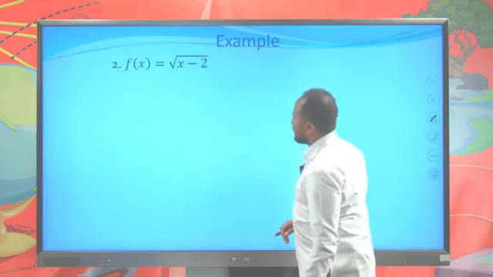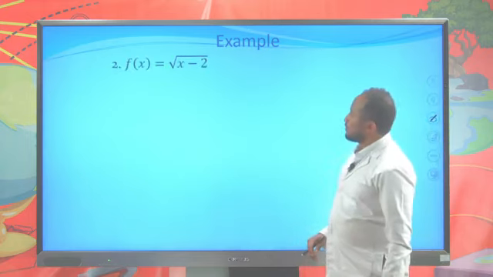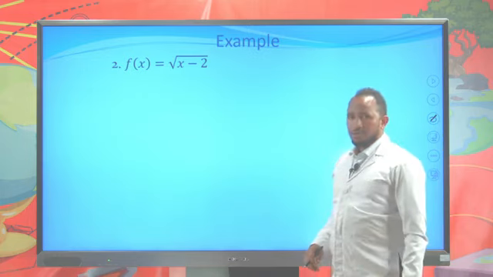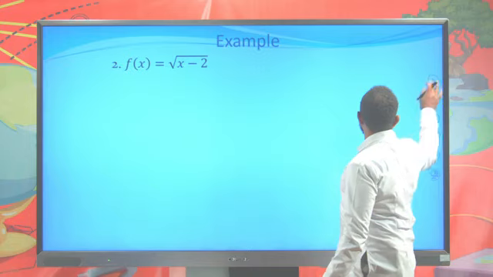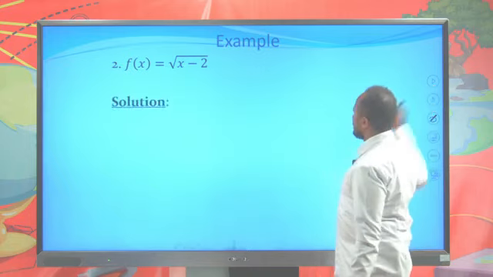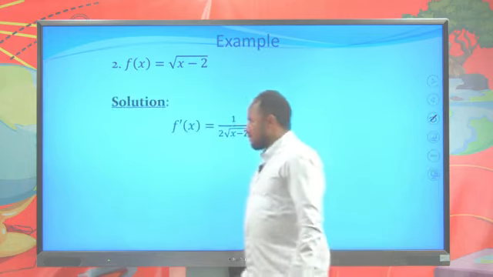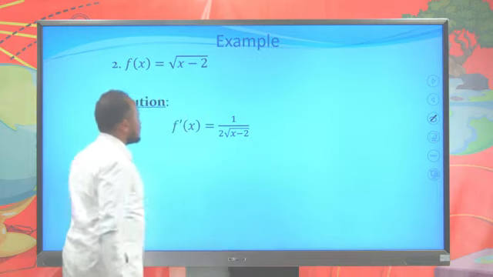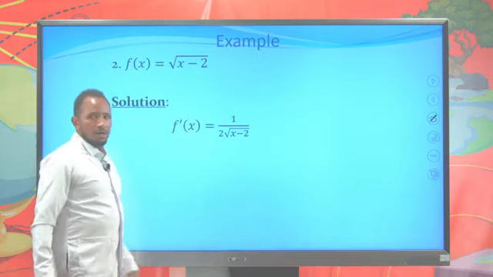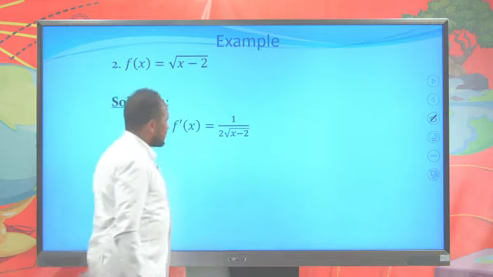Now let's see this one. f of x is equal to the square root of x minus 2. Let's just try to find the derivative of this expression. We can use this formula anyways.